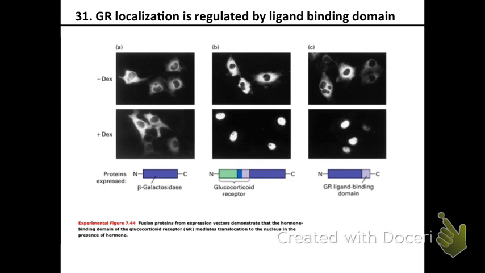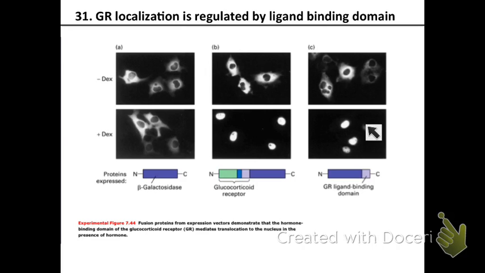What about your experimental construct, in which you're trying to find out which protein domain is responsible for regulating that translocation, where you fused your ligand binding domain to your reporter? In the absence of the hormone, you see that this reporter is in the cytoplasm, and in the presence of the hormone, what happens?